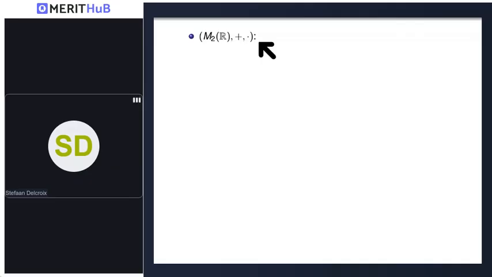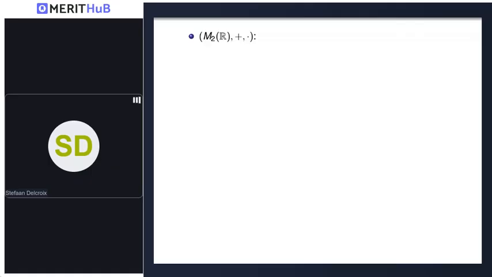Is there an identity under the multiplication for matrices? Was there a matrix that when you multiply by it, it doesn't do anything? It did have an identity. It was the identity matrix, 1 0 0 1.